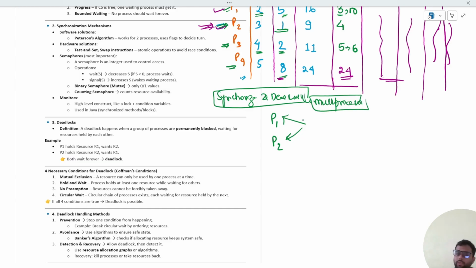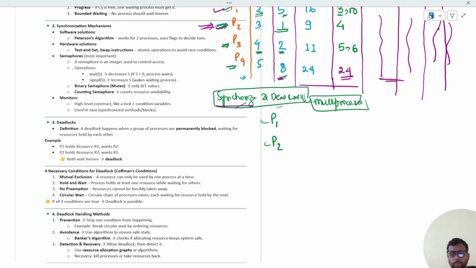Otherwise, if you are executing one by one, then there would be no such synchronization and deadlock. So this will only arise if there is a multi-programming system and there are different processes which are running concurrently.